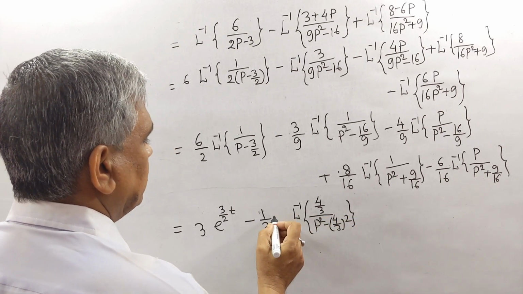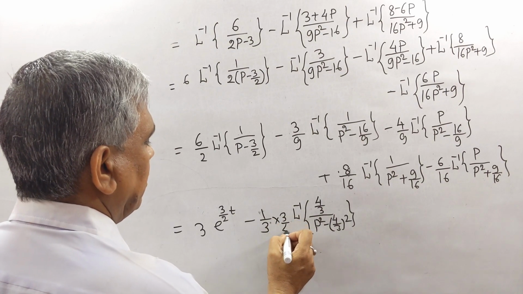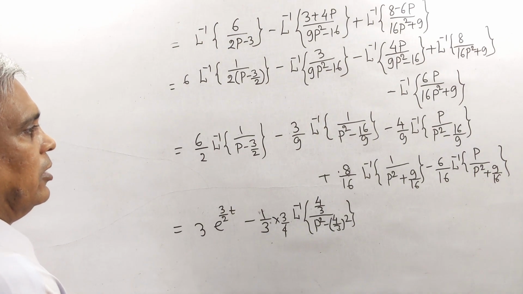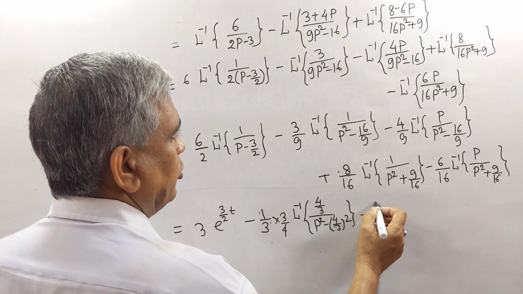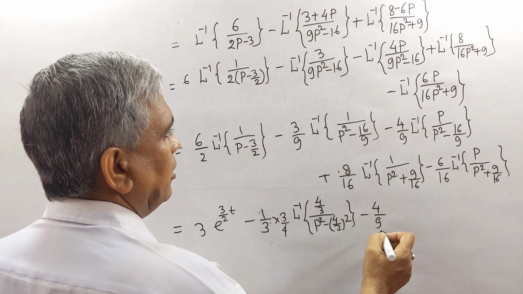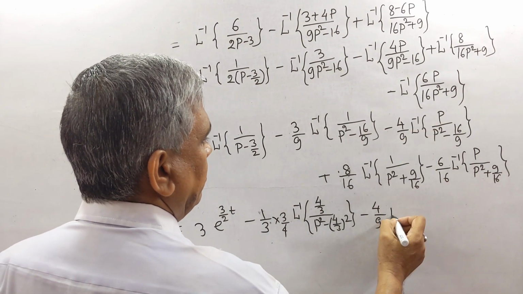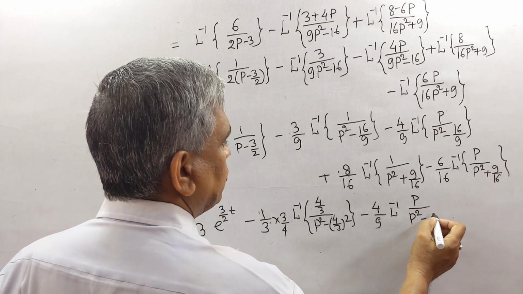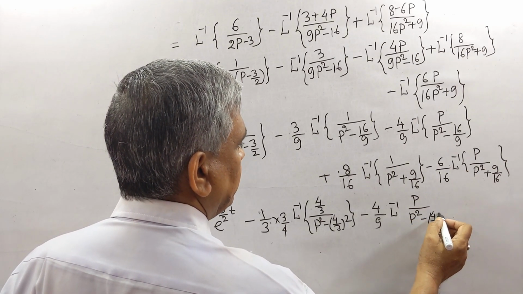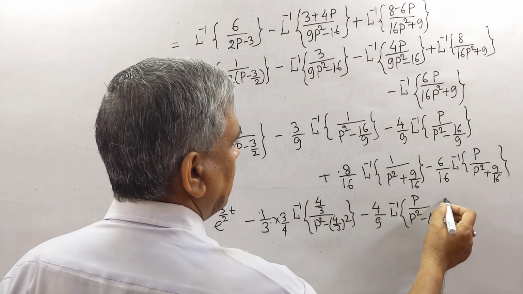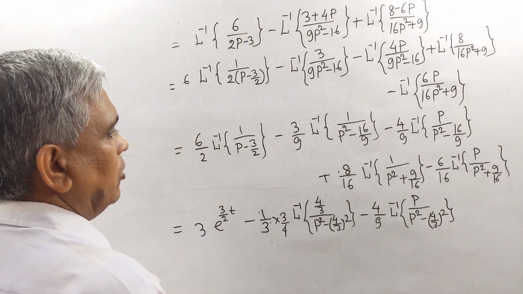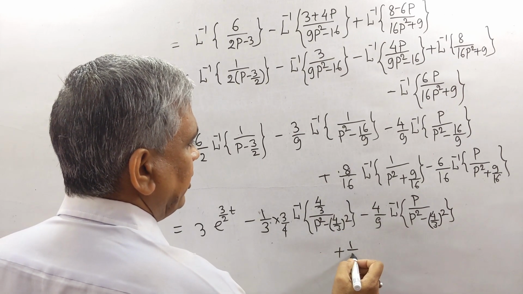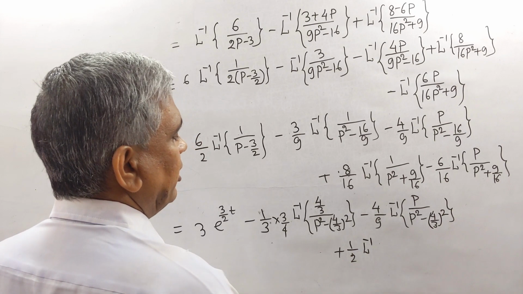So we take outside 3 by 4 to adjust this 4 by 3, minus 4 by 9 L inverse p by p square minus 4 by 3 whole square, plus 8 by 16 is half L inverse.